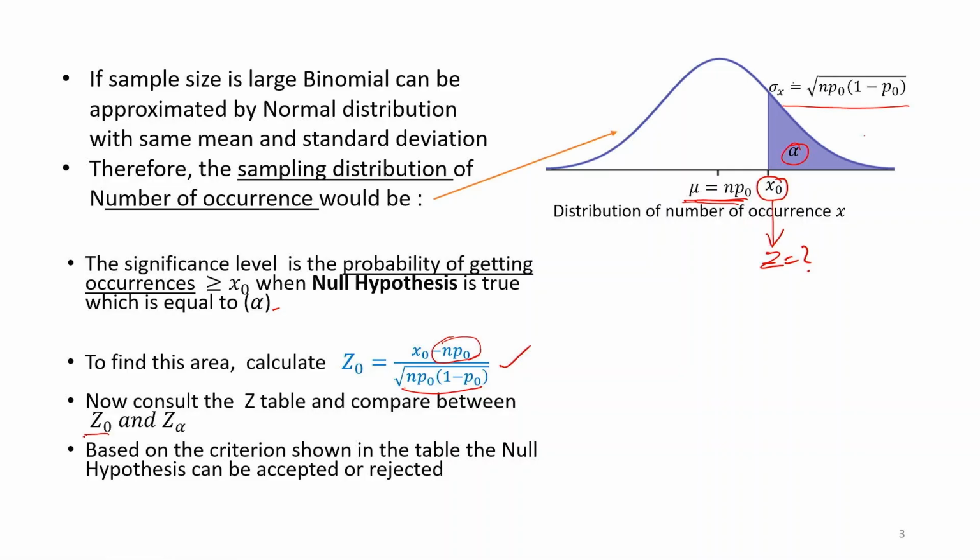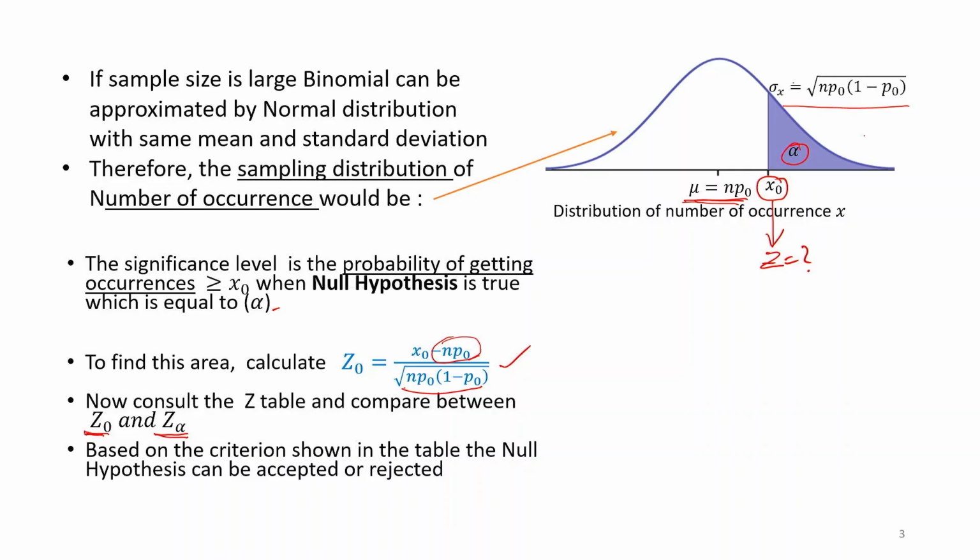So this is the observed value of z that we get, and for a given value of alpha, we can find out the corresponding value of z, where alpha will be predefined as a level of significance.